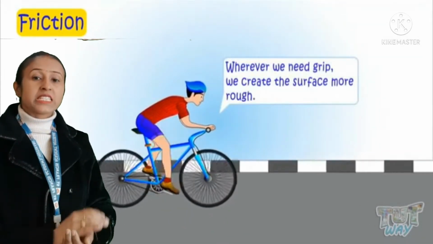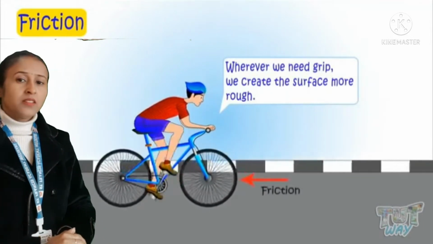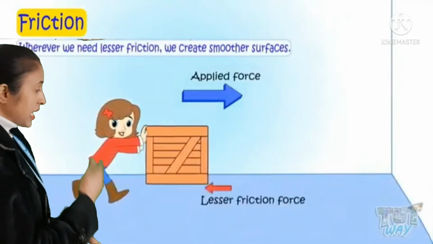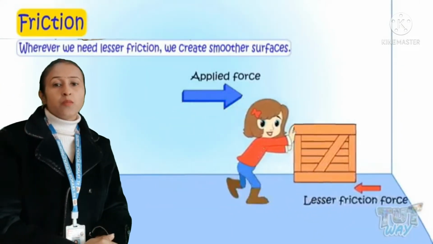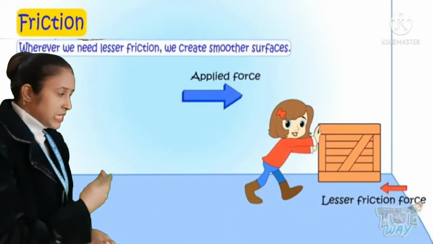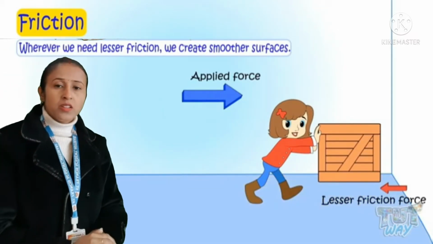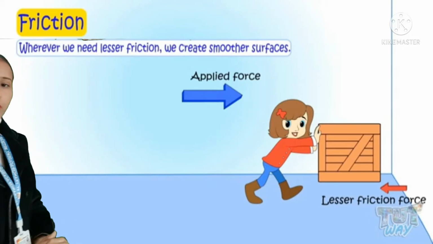When the friction is less, the ball moves very easily. But if the friction is more, the object does not move very easily.